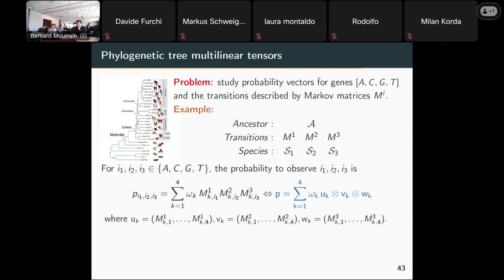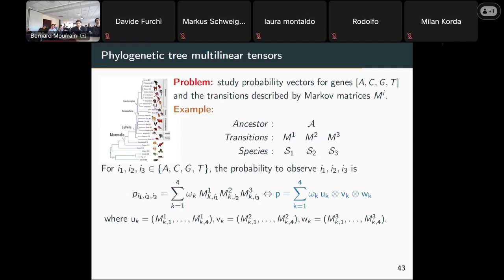So we have here 4 letters, A, C, G, T, and there are some ways to measure the probability that the gene appears in S1, S2, and S3. So we have, in fact, a tensor of probabilities, P of i1, i2, i3, associated to these 3, which is measured.